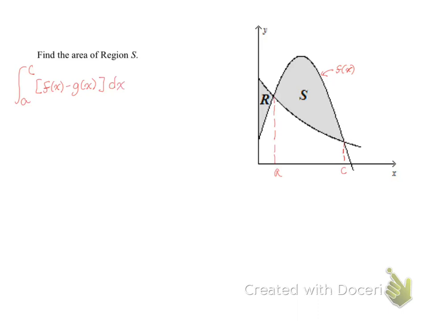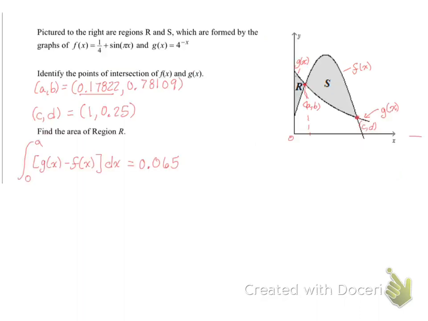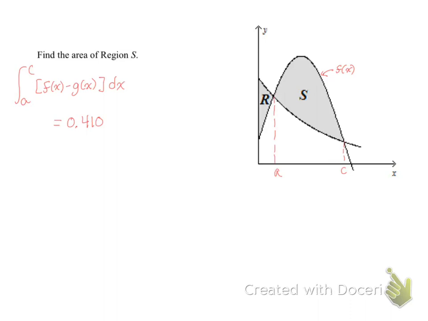Again, punch that into your calculator, and you should get 0.410. These areas aren't very big, but does this make sense? Is the area of S bigger than the area of R? Well, R was 0.065, S is 0.410. Yes, it is bigger.